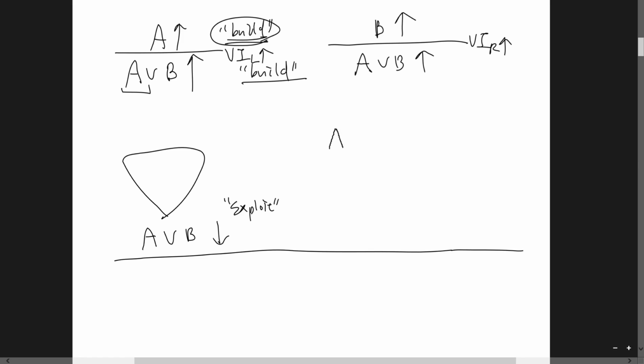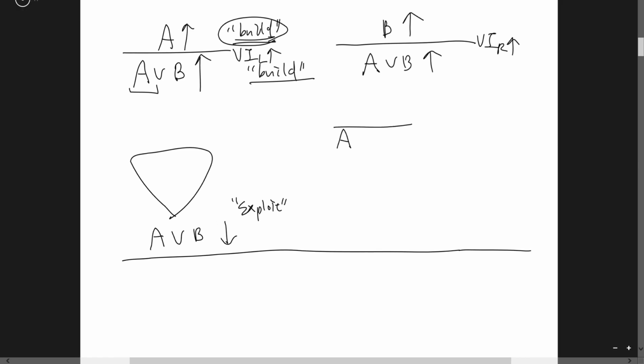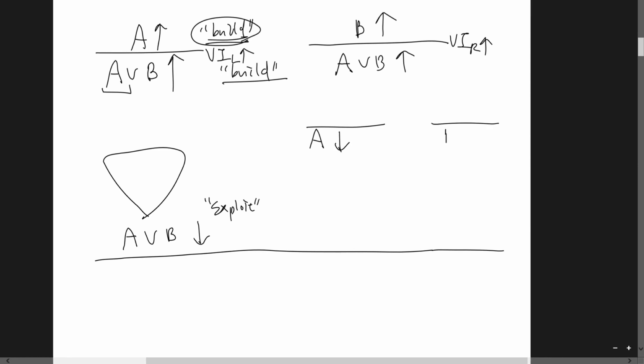First, A is true, and we assume A true. So we exploit, this is a down arrow. And the other case is B down arrow. Now there remains a question. So we have C true here, and we also see C through here, and here. And the critical question here is, which direction should we use for this C?